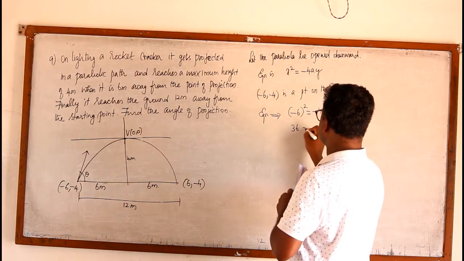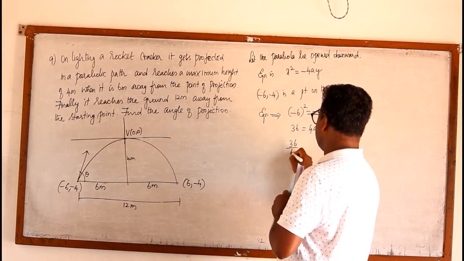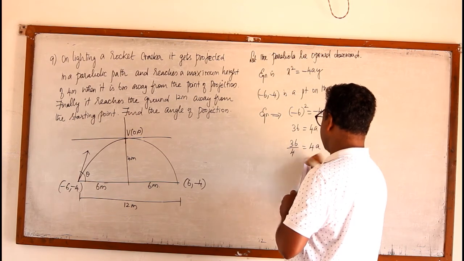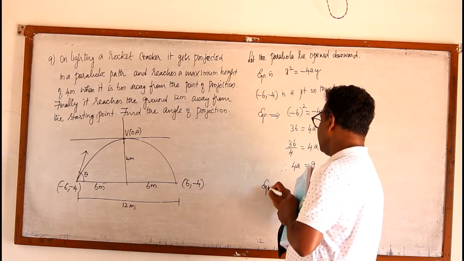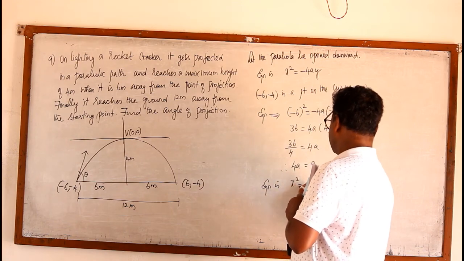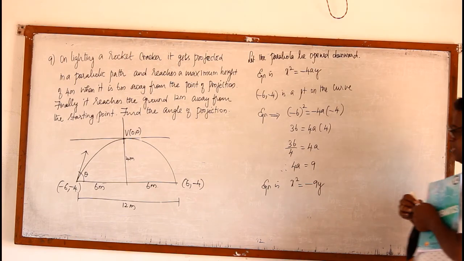It is 36 equal to 4a into 4. So 36 by 4 equal to 4a. Therefore 4a can be written as 9. Therefore the equation is x square equal to minus 9y. So this is the equation of the parabola.